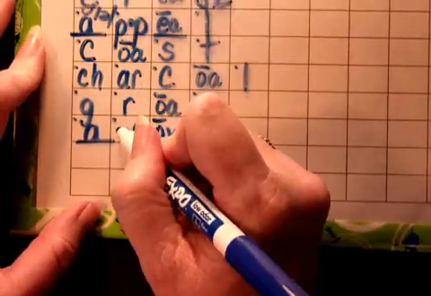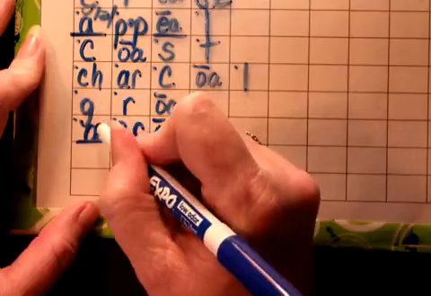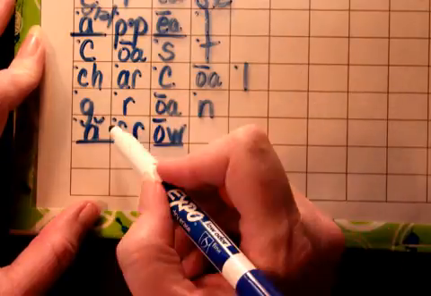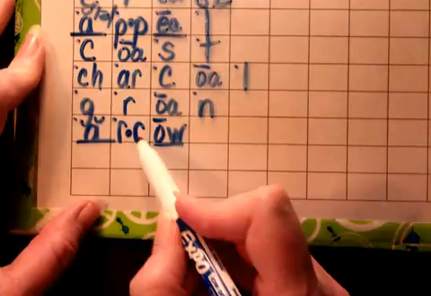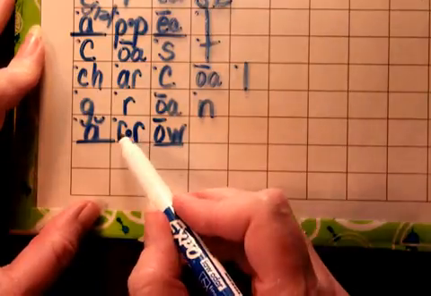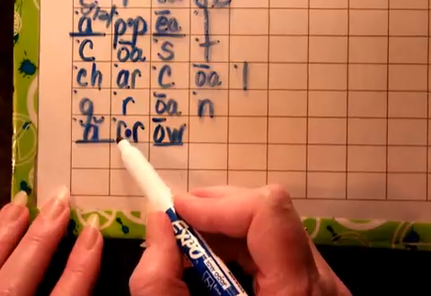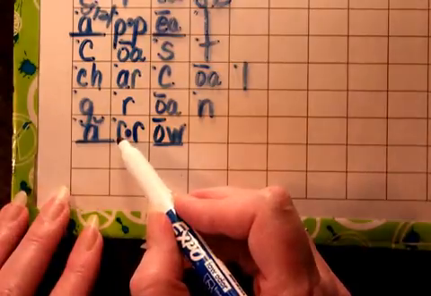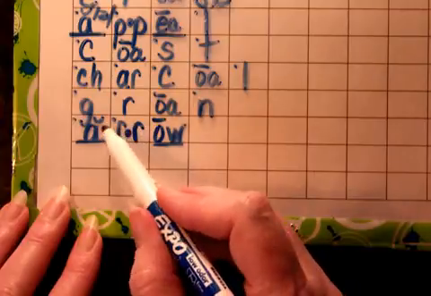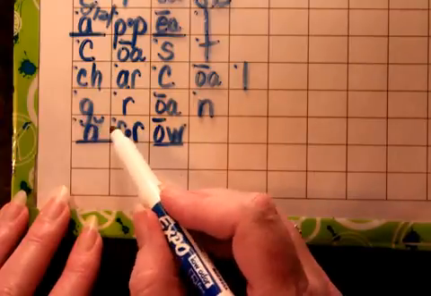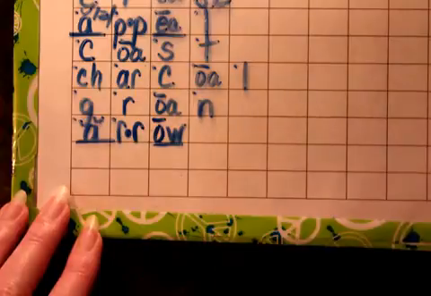We have to double the middle consonant to protect the vowel in front. A, the syllable break is here. Row. This R is silent. It doesn't say anything. That's why it's in the same box as this. But it visually needs to protect this. It needs to be a closed syllable so the vowel is short. Arrow.